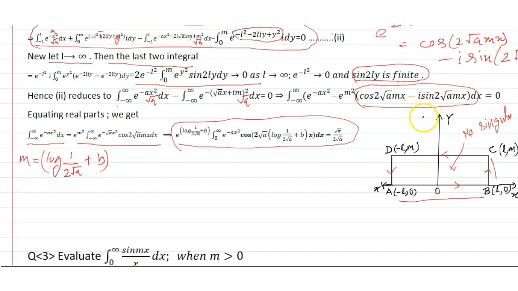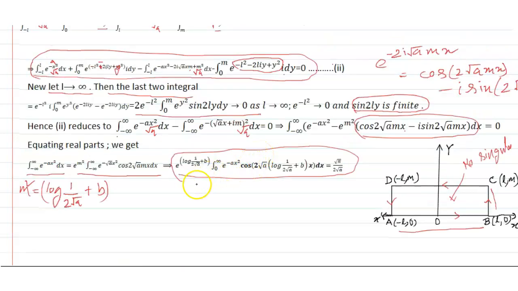This is the m square value. So this is the m square, means this is square.